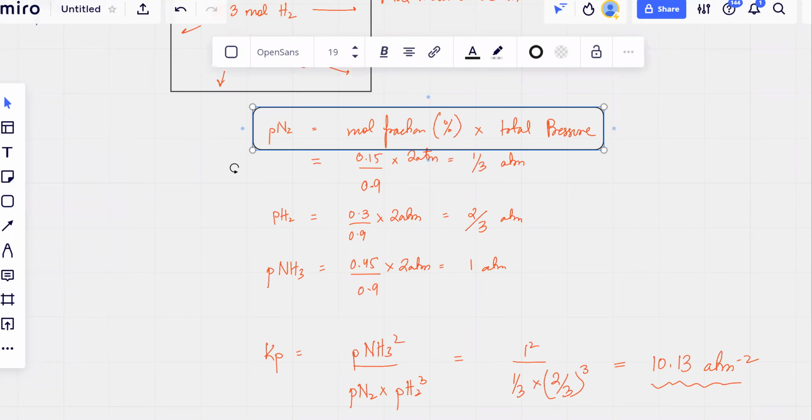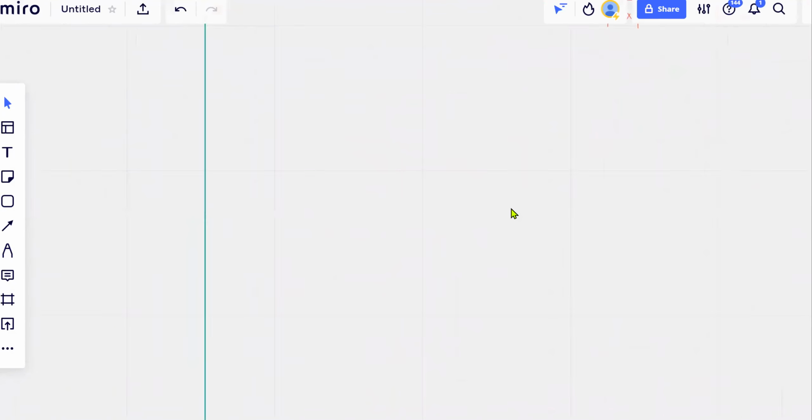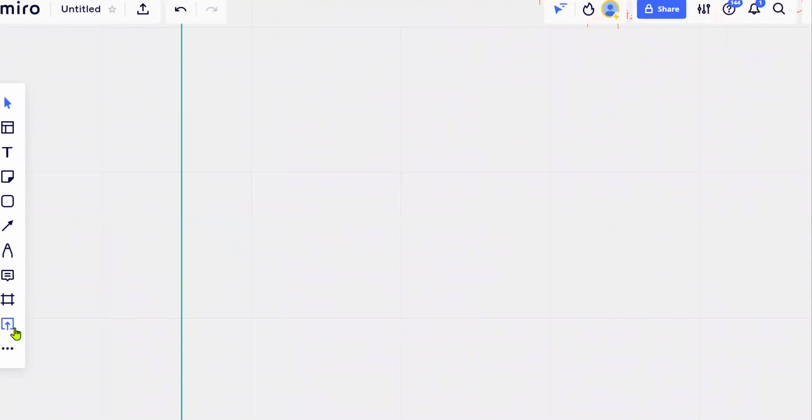Just remember about mole fraction or percentage. It could be both. I'm just going to upload the Kp worksheet here, just one second.